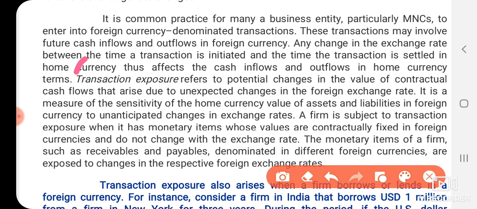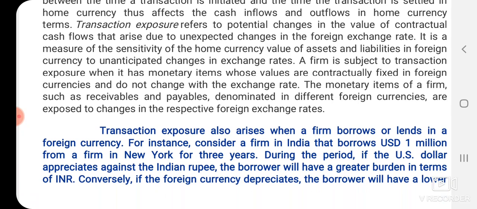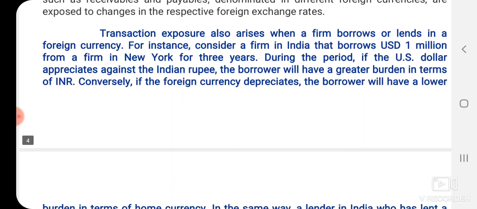A firm is subject to transaction exposure when it has monetary items whose values are contractually fixed in foreign currencies and do not change with the exchange rate. The monetary items of a firm such as receivables and payables denominated in different foreign currencies are exposed to changes in the respective foreign exchange rates.